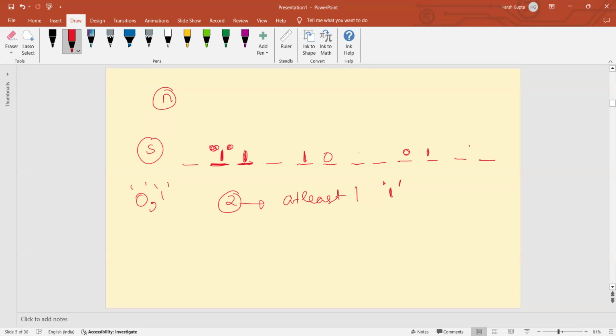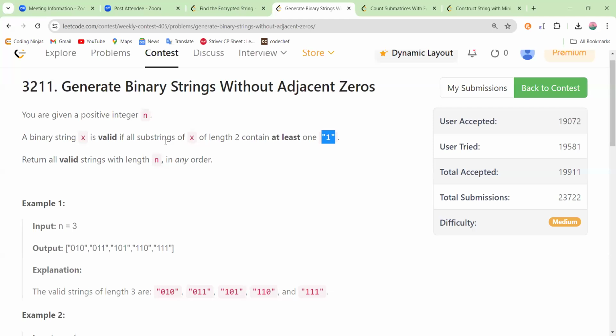But something that is not possible is this. Because if we have 2 zeros consecutively, then if we consider this as a substring, we would not get at least one 1 in this. And the question demands that if we are considering any substring of length 2 in this string x, then it should contain at least one 1.